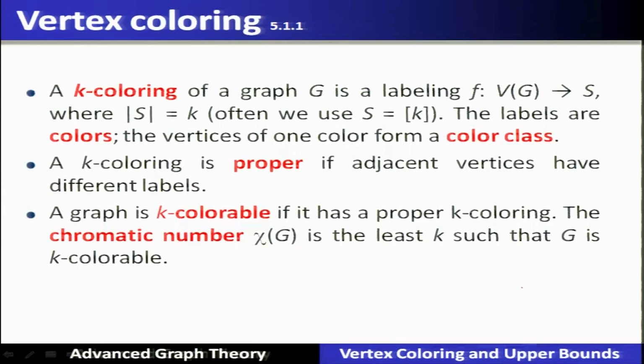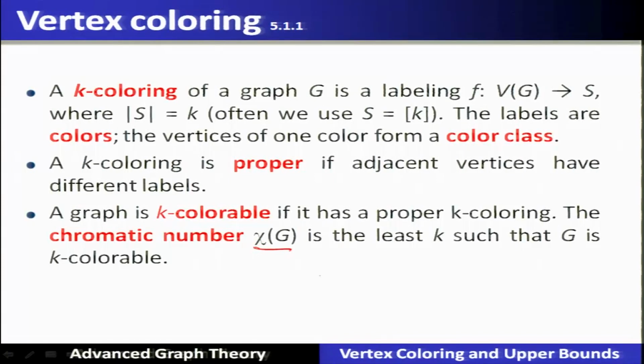The vertices of one color will form the color class. A K coloring is proper if adjacent vertices have different labels. A graph is K colorable if it has a proper K coloring. The chromatic number chi of G is the least K such that G is K colorable.